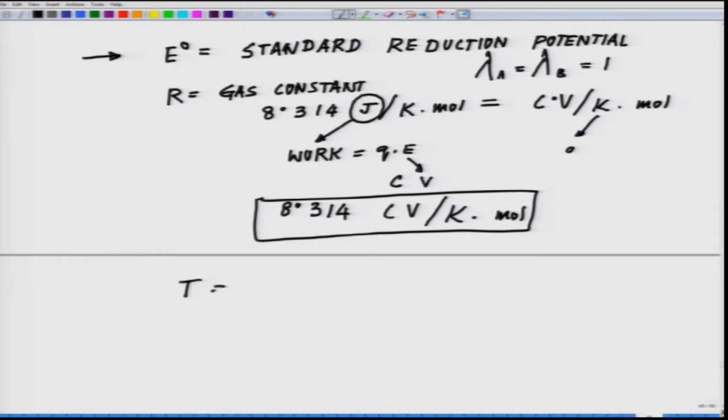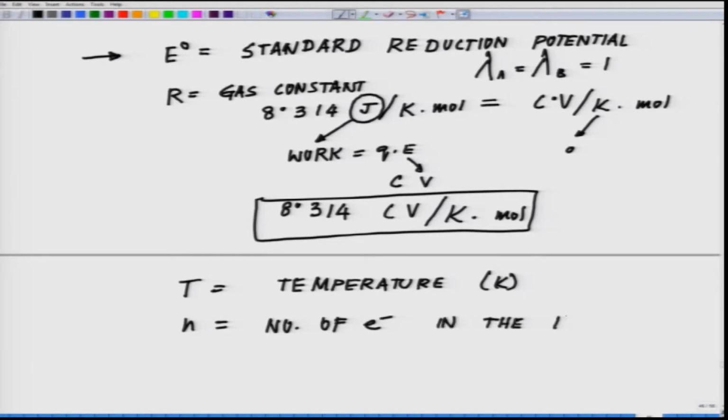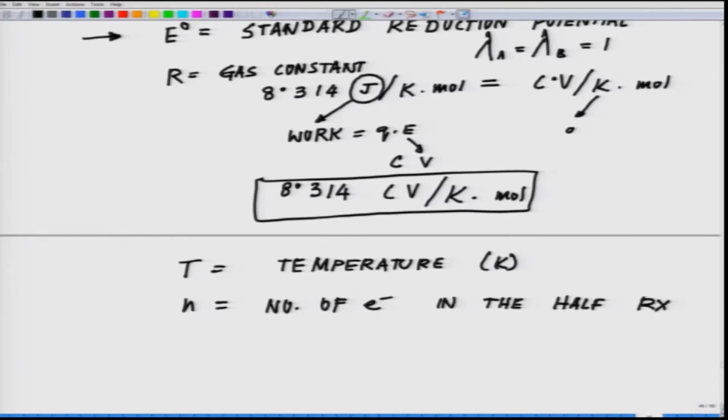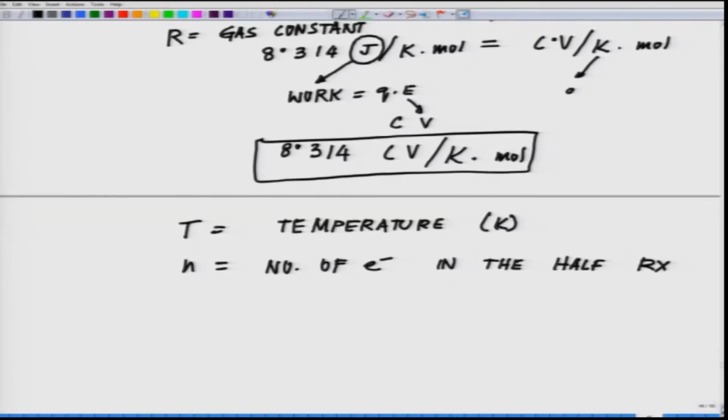Then T is temperature in Kelvin, and then we have n, which is equal to the number of electrons in the half reaction. So, remember, whenever we are doing Nernst equation, we have to ensure that we do the comparison with the same number of electrons, okay.